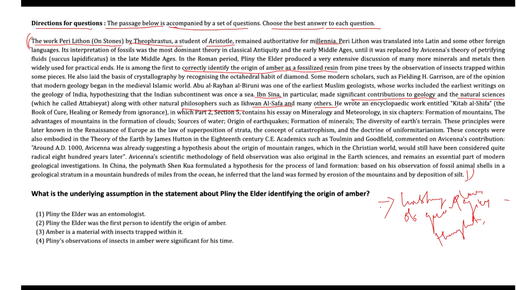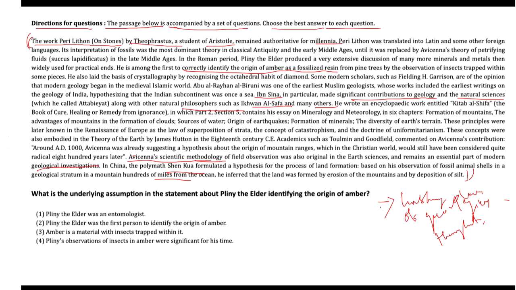So we are talking about Avicenna's theories or scientific methodology, which is an essential part of modern geological investigation. In China, the polymath Shen Kua formulated a hypothesis on fossil animal shells in a geological stratum in a mountain hundreds of miles from the ocean. In that case, it influenced later concepts like the law of superposition, catastrophism, and uniformitarianism.